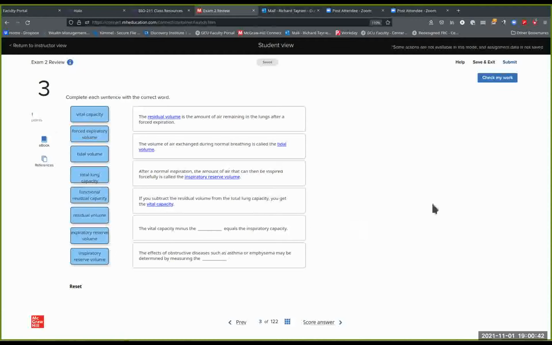Another way to talk about that is a maneuver where you blow everything out, then take as deep a breath as you can, and then blow everything out, and that is vital capacity. In other words, inspiratory reserve volume, expiratory reserve volume, and tidal volume all added up. And then vital capacity minus blank equals inspiratory capacity.